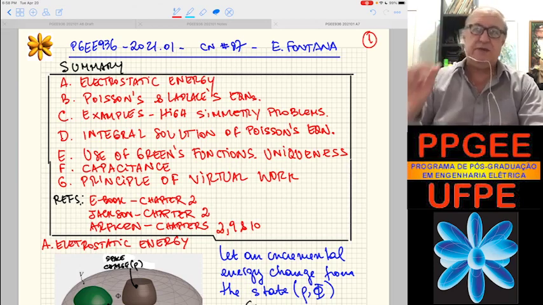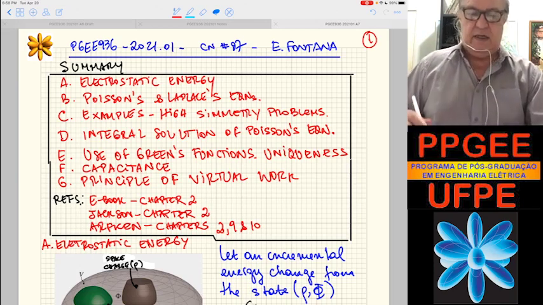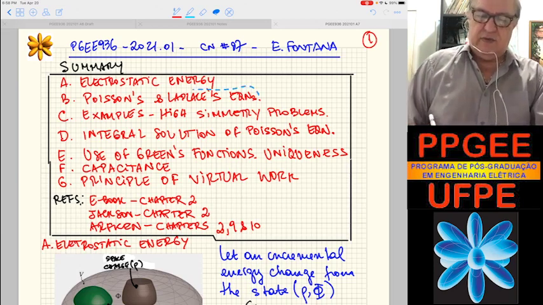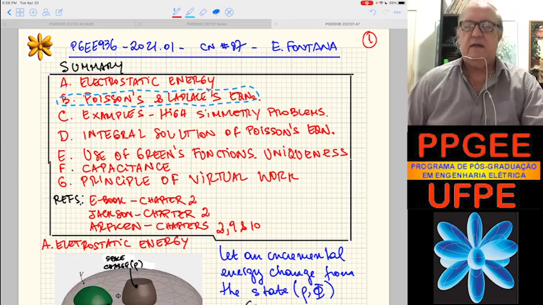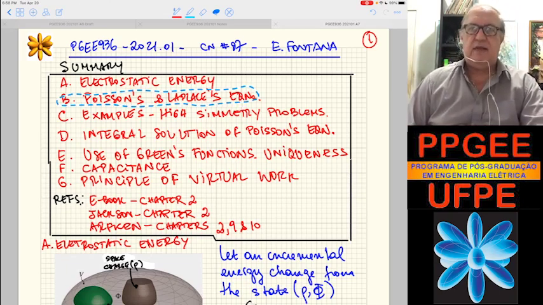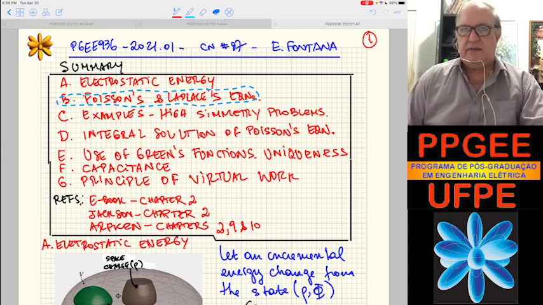I mean, a general relationship between energy and sources and fields. Then we are going to describe how to solve electrostatic problems using either Laplace's or Poisson's equations, Laplace's equation being a particular case of Poisson's equations.